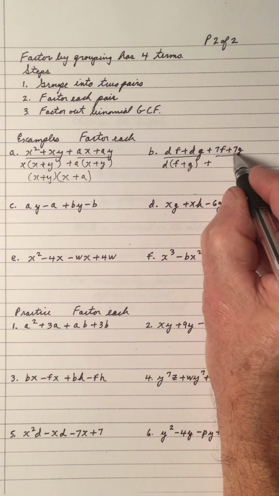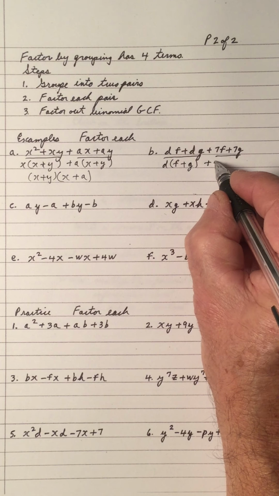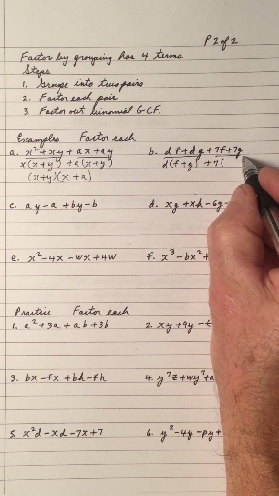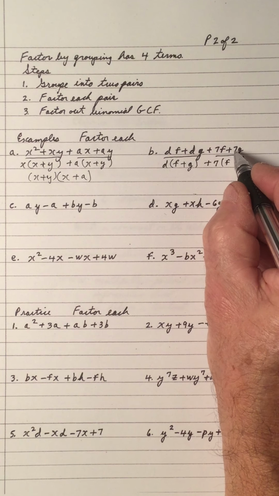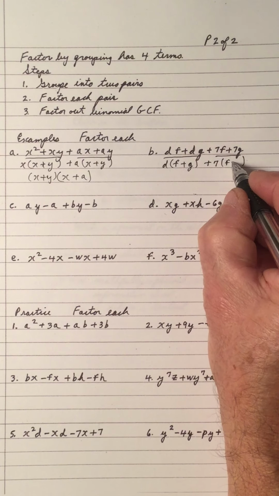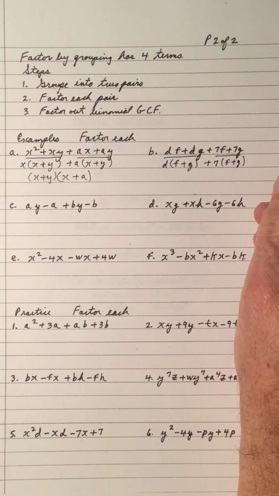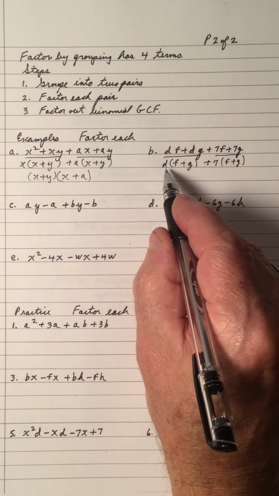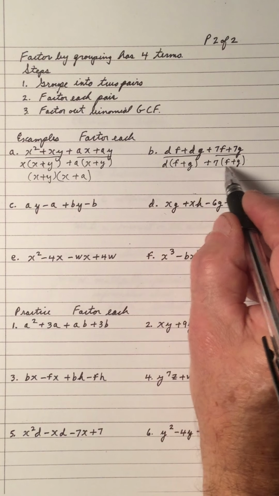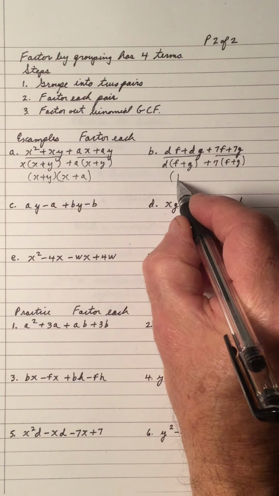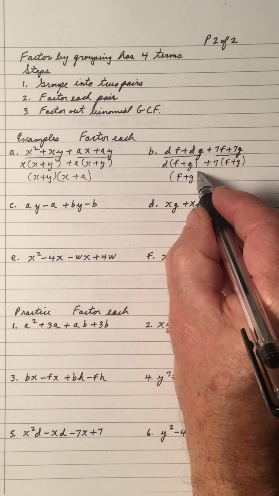And I look for a common factor. I see a 7. 7 is the numerical GCF. 7f divided by 7 is f. And 7g divided by 7 is a positive g. And when we get that done, I see a binomial GCF of f plus g. So I'll remove the f plus g.